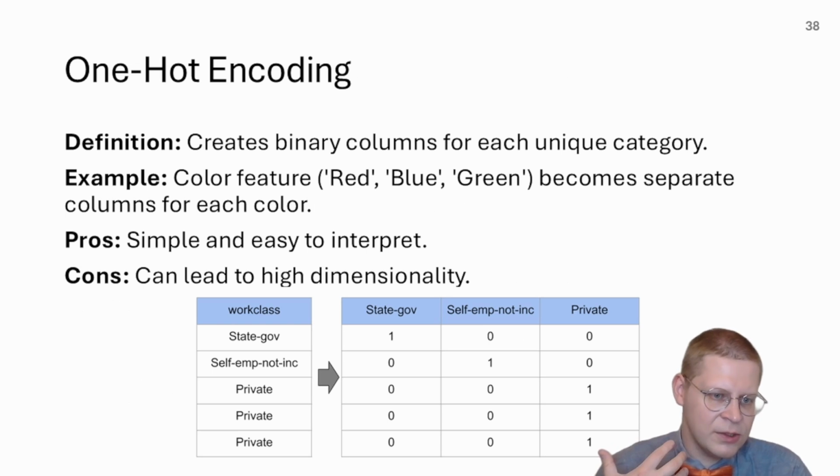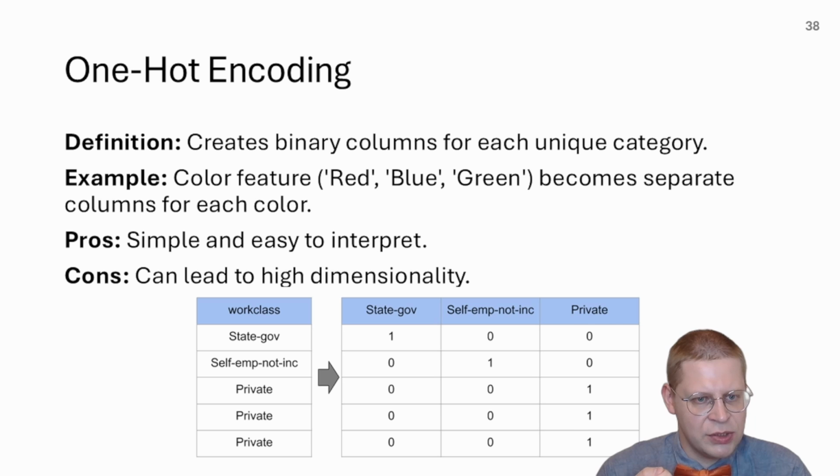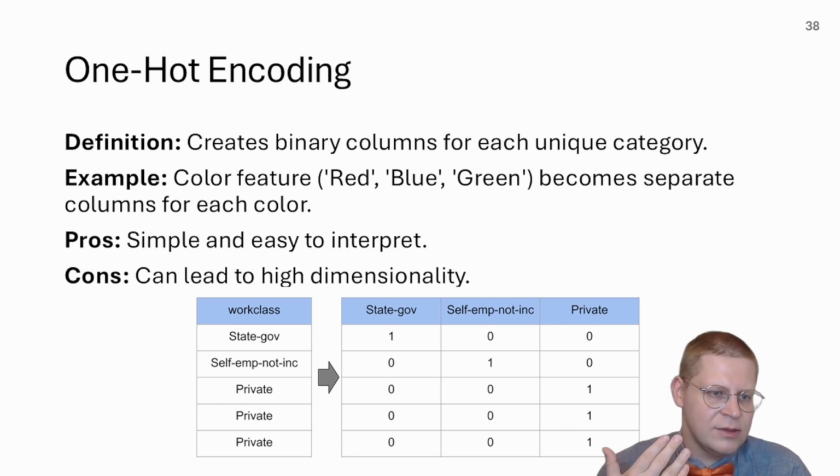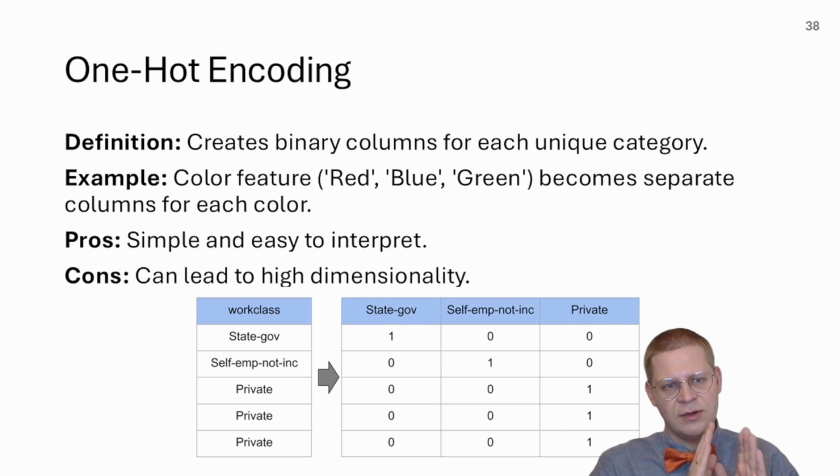What about one-hot encoding? It's pretty simple. It creates binary columns for each unique category. Imagine we have a feature of color, with red, blue, green, and those are just separate columns for each color. So for instance, you could have red 0 or 1, blue 0 or 1, and green 0 or 1.